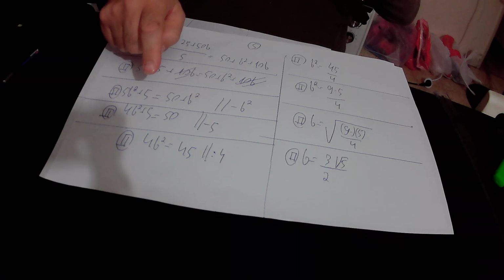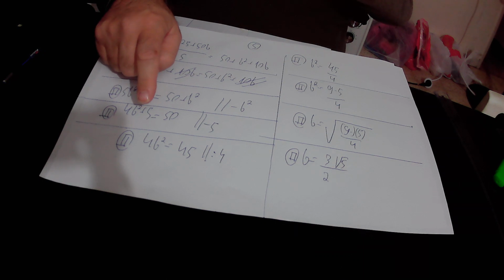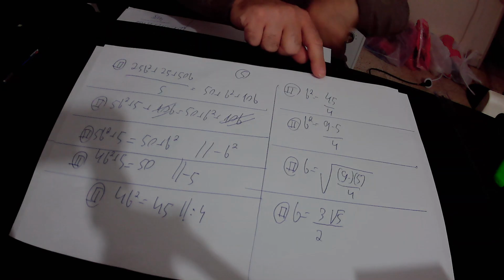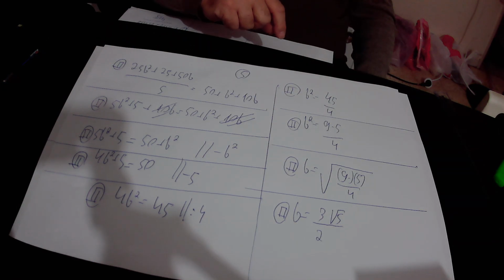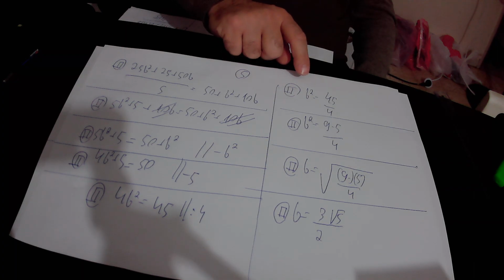We divided this equation by 4, and finally we found that b squared equals 45 over 4. 45 is 9 times 5, so we substitute 45 by 9 times 5.